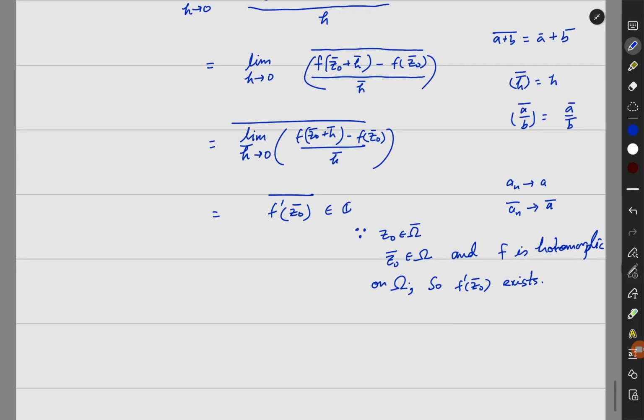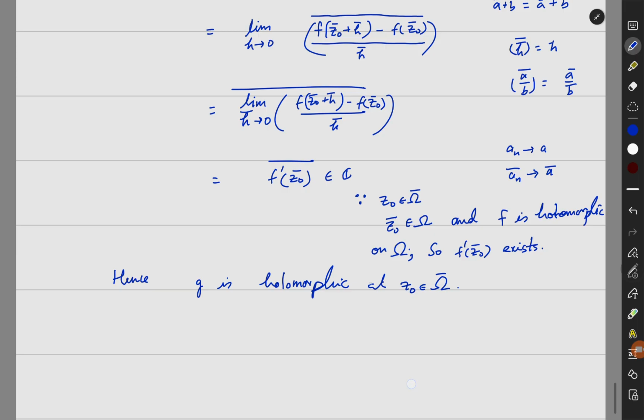So this way the limit exists, and hence G is holomorphic at z naught belonging to omega bar.